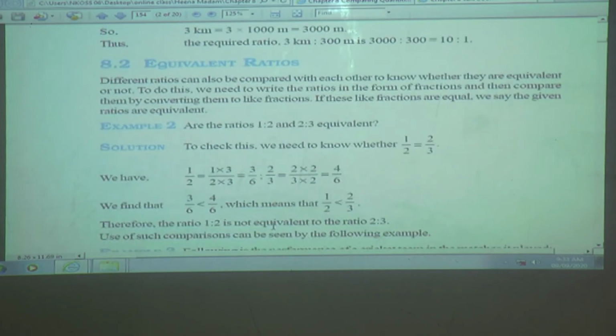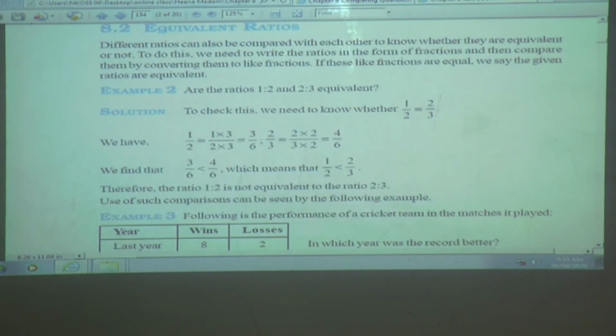We will learn now what an equivalent ratio is. The word equivalent means it should be equal. So when it is equivalent, we have to find out which is greater or which is smaller.